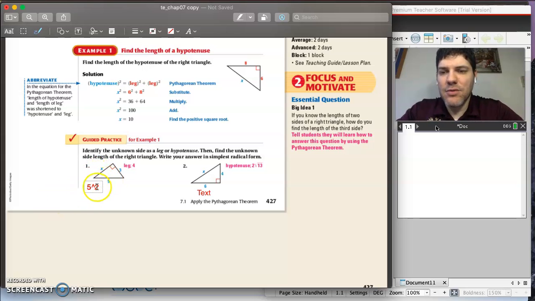I put the caret symbol in here as a to the power of. So just imagine, you'll see it in the calculator, it'll be to the power of 2. We're going to take that and write 5 to the power of 2 plus, and we're going to change this box length a little bit to give us some area to work with. Awesome. 5 to the power of 2, notice we put the plus in there.